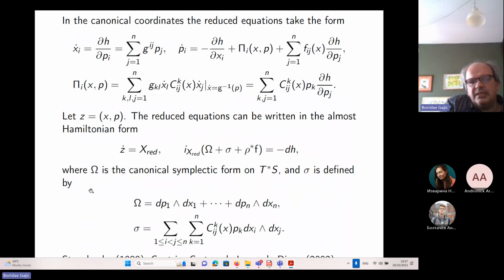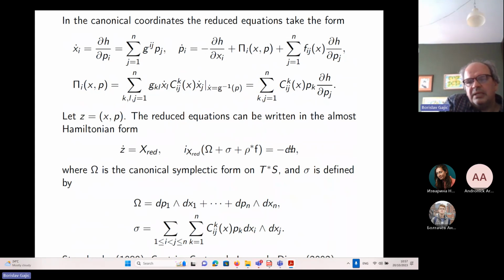This simply means that omega is the canonical symplectic form, but this is Demchenko's first proof that in the case of a non-holonomic system, if one adds the sigma, then one gets the form omega plus sigma. This is not closed, and that's the reason why it is called the almost Hamiltonian form.